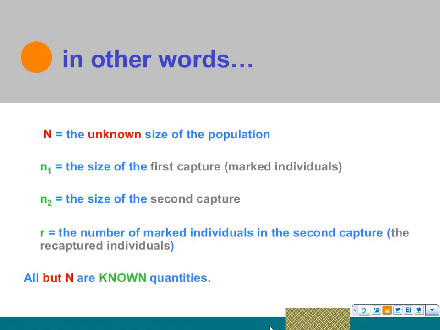So we have capital N in red that is unknown, and then the three other quantities that we know. As Paul said before, what we expect is that N1 over capital N, the proportion of marked individuals in the population, should be approximately equal to R, the recaptured individuals, over N2, the number of individuals that we captured the second time.